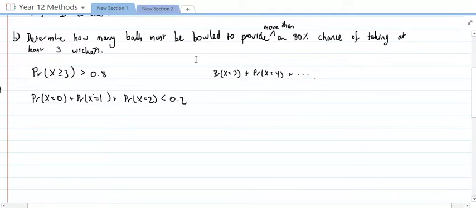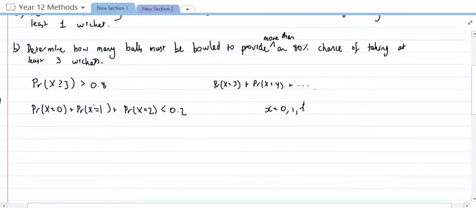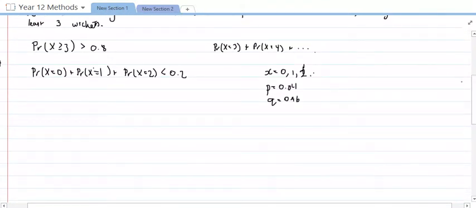Now this one isn't going to be quite as nice, so this time we've got x equaling 0 or 1 or 2, oops, that is a 2. We've also got p equals 0.04 like last time, and q equals 0.96 like last time. So just a little bit more working out. That gives nCx, so it's going to be nC0 multiplied by 0.04 to the power of 0 multiplied by 0.96 to the power of n. That's for the probability of x equaling 0.